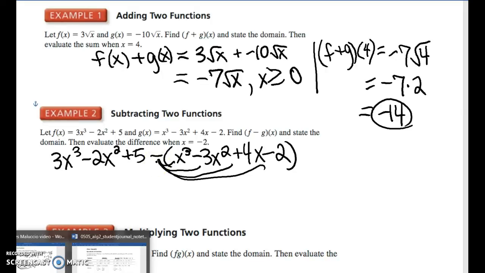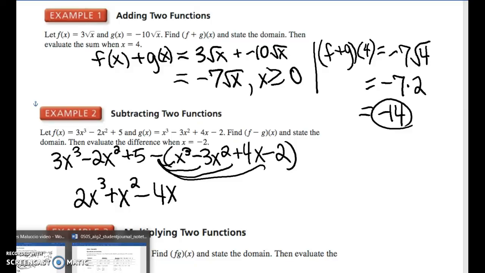So 3x to the third minus x to the third gives me 2x to the third. Negative 2x squared minus a negative 3x squared gives me just x squared. And then I have negative 4x. It doesn't combine with any like terms on the left.